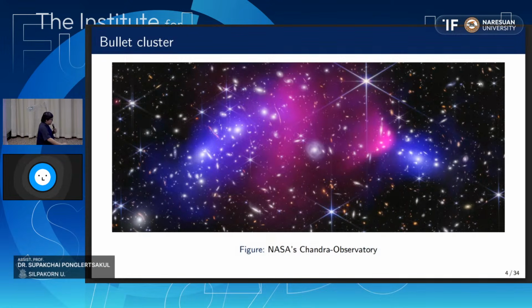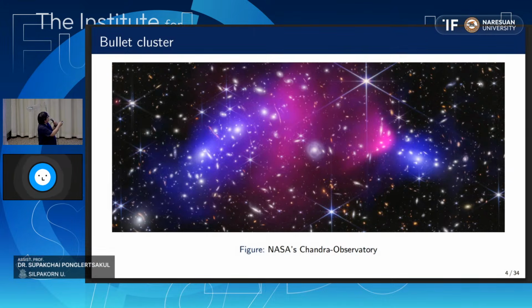For a larger scale, for example, the galaxy cluster. Here in these figures, we have two galaxy clusters moving past each other, and when two clusters move past each other, the pink or violet region in the middle is the part where the gas of each cluster interacts and heats up, and then it emits X-rays.